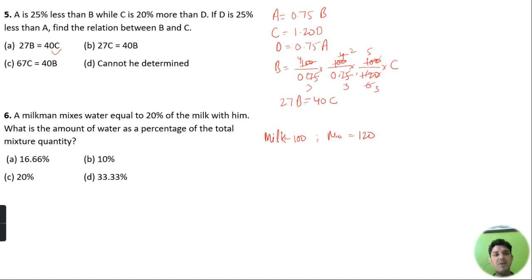So what is the amount of water as a percent of the total mixture? Simply the difference, that is 20 divided by the new value, 120, multiplied by 100, so we can solve it for the value. So the answer of this question will be 16.66%, option number A.